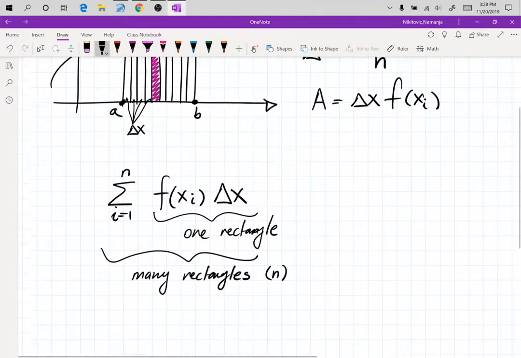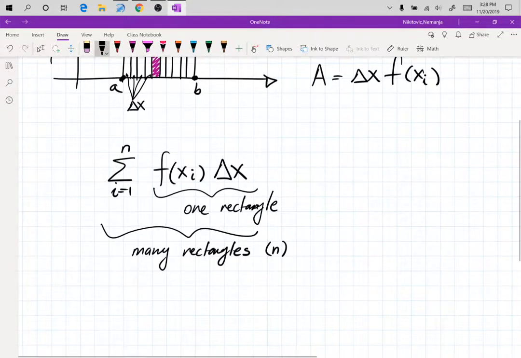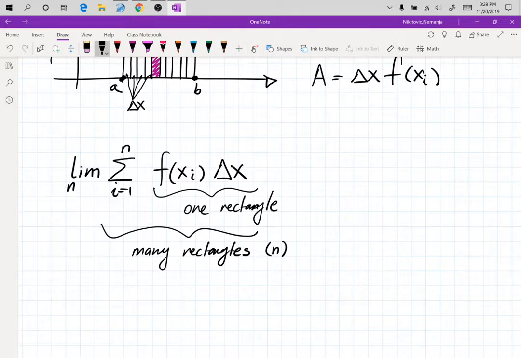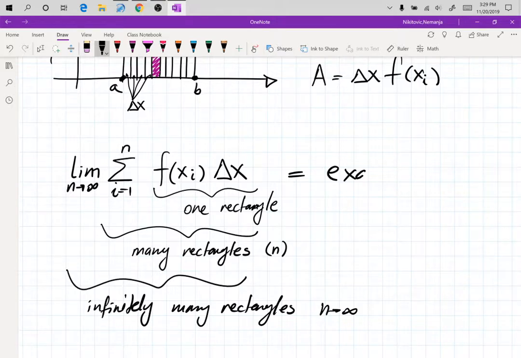And now I want the exact area, so I'm going to send this n to infinity in the limit, and this is going to be infinitely many rectangles because n goes to infinity, right? And now this is equal to the exact area.